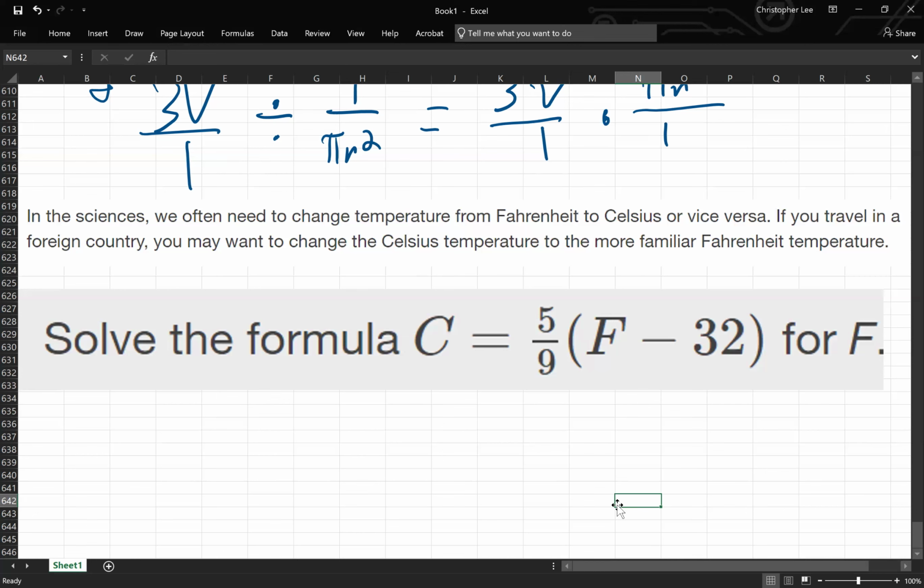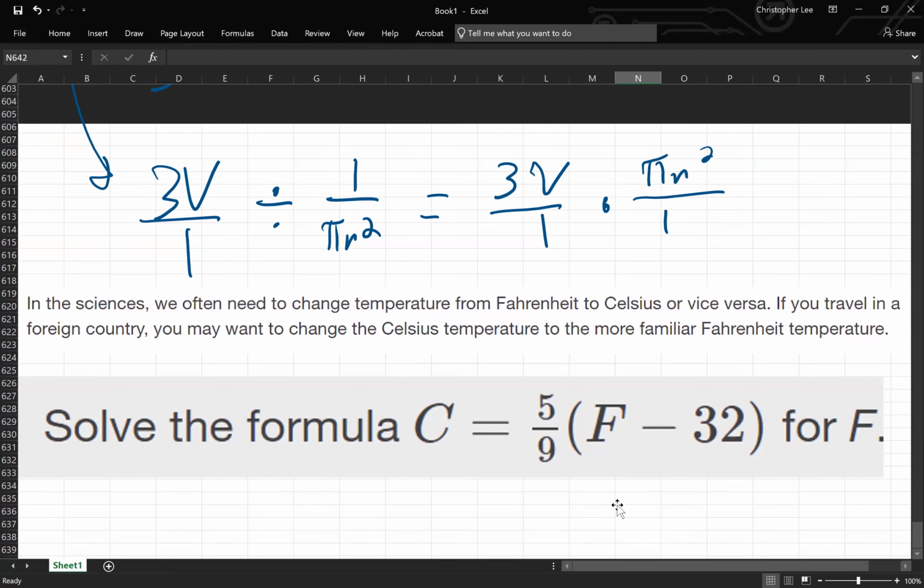So simplify the right-hand side and solve for F in particular. Go up or down? Like this way? Okay.